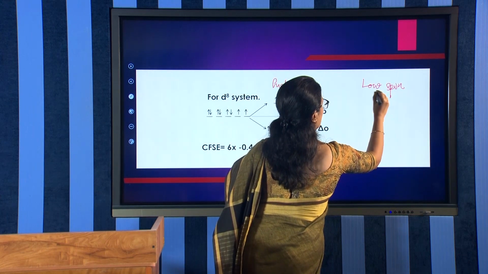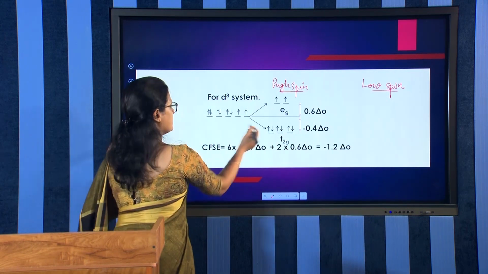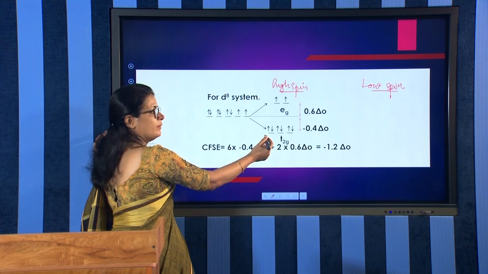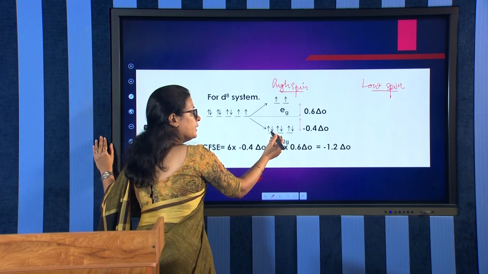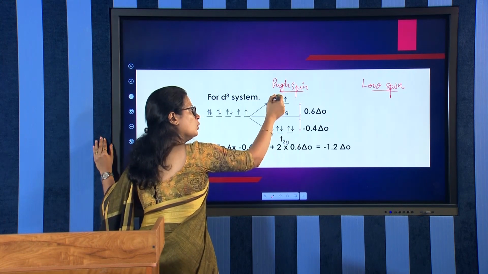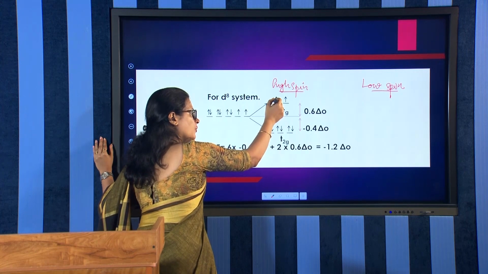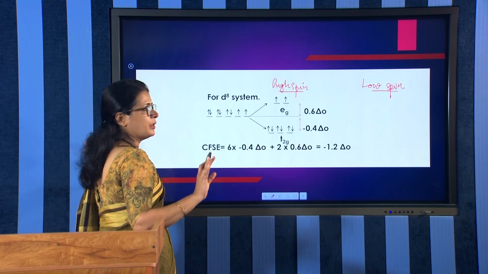If it is high spin, delta O is very much less, which means after the third electron, 1, 2, 3, the fourth will go to the EG set, then 4, 5, 6, 7 and 8. This is the arrangement.